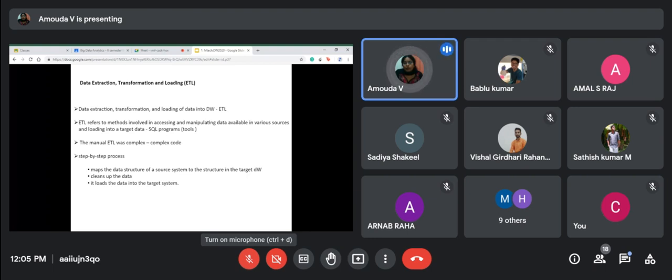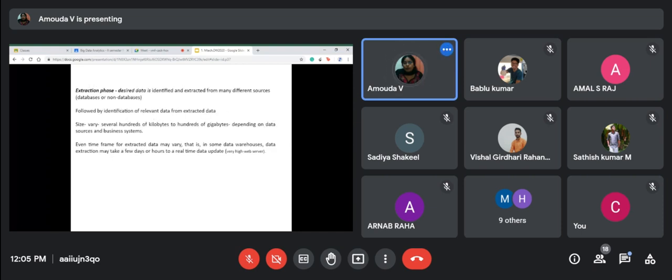The second step is you have to clean up the data using the process of transformation. Very important step. We'll see what is the transformation. Third one, it loads the data into the target system. This we call ETL.